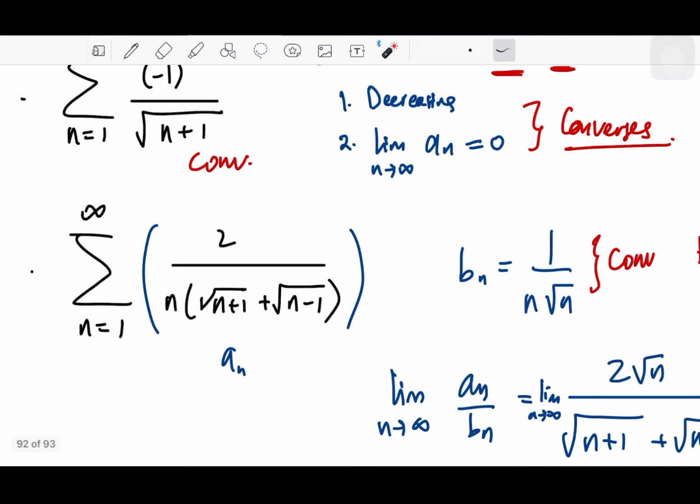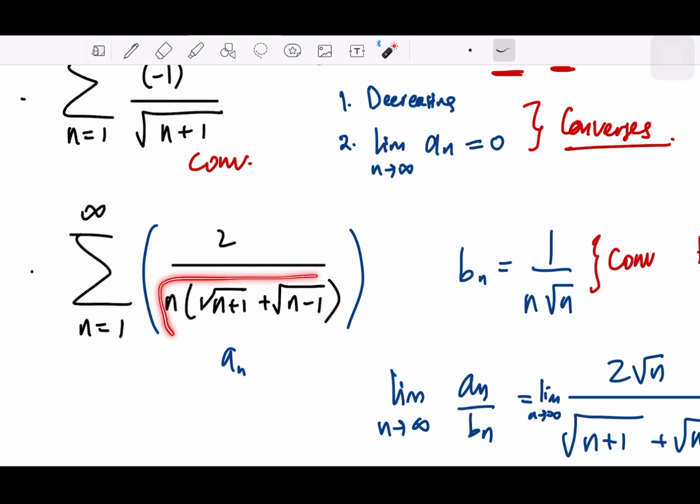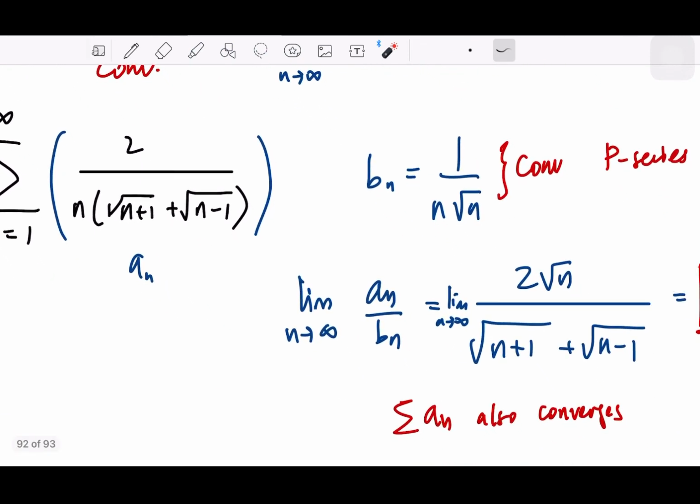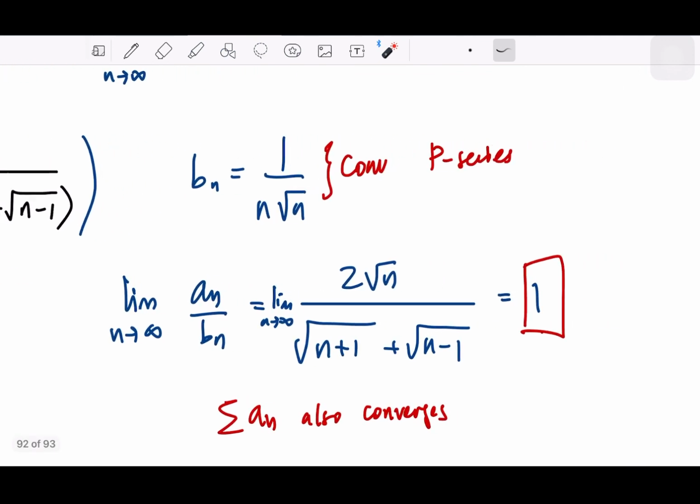Okay. And the second one: whenever you see any complications in the denominator like this, you will be guided to the direct comparison test or the limit comparison test. But we can maybe just take the limit comparison test to make it more concise and consistent, and to make sure you get what you want.